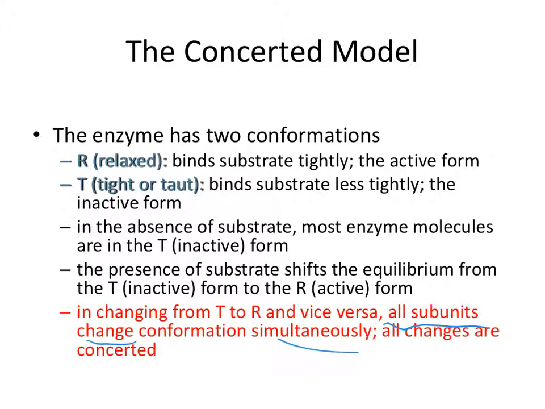There are only two forms. This is the concerted model once again, so you want to write that somewhere up. It's just easier for me to write out R's and T's, whereas a lot of times they do little circles and squares or little different shapes.